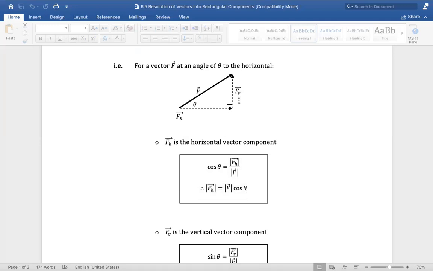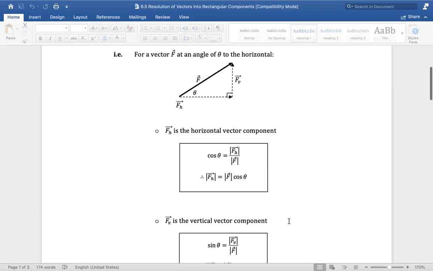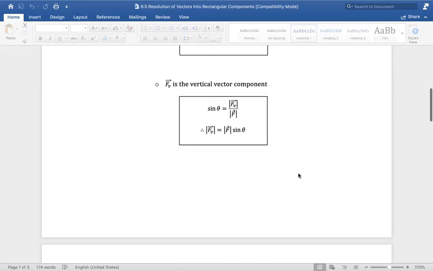And then if I'm looking at the vertical component of my vector F, so this subscript here is the vertical component. Just to go back up here first though, if I'm looking at angle theta, I need the opposite side with my hypotenuse side. I'm not looking at the horizontal at all. So opposite over hypotenuse, SOHCAHTOA would be S for sine.